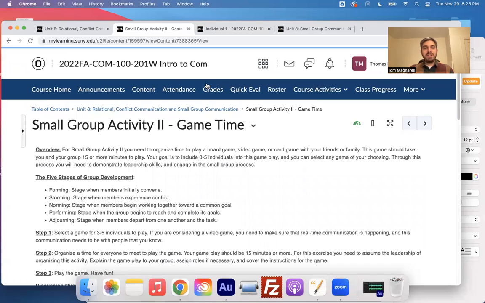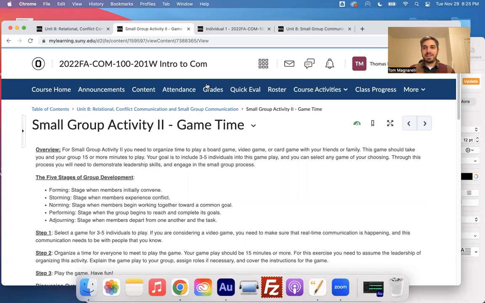This game should take you and your group 15 or more minutes to play, so it doesn't have to be too long. It could be as long as you want, but at least like 15 minutes of play in here. And your goal is to include 3 to 5 individuals into this gameplay.